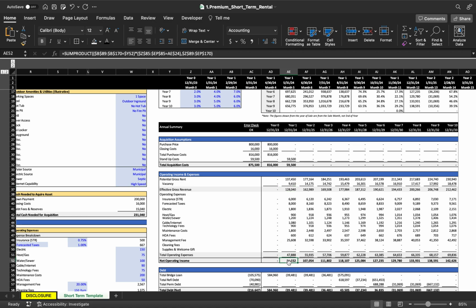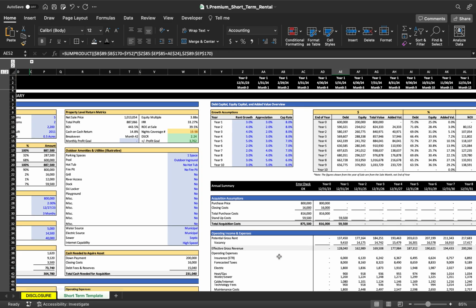You take the annual NOI and you divide it by a cap rate, because you're essentially valuing the cash flows. So the NOI divided by the cap rate gives you the value of the asset.